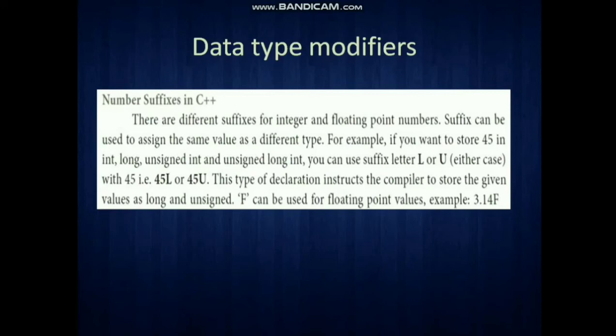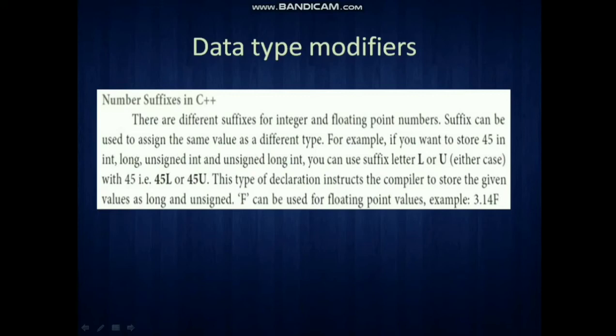How do they assign the value with suffixes? For example, 45 is the value, and 45L is given for long. 45L means the value is of long data type.